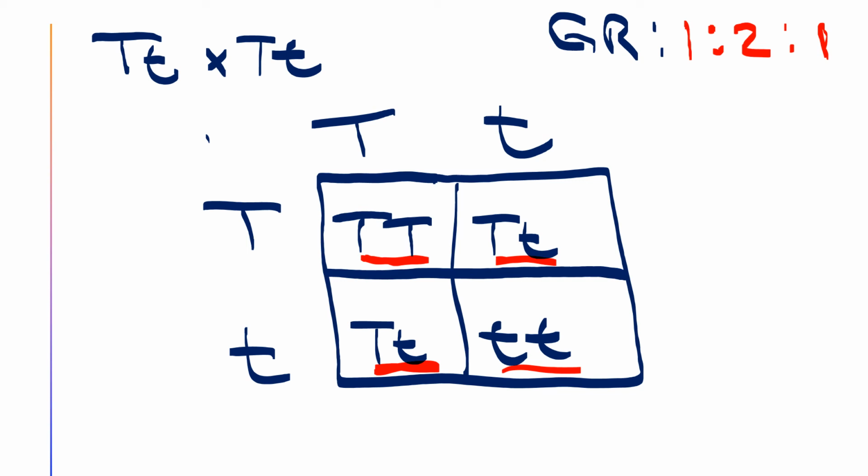Now we can look at the PR, the phenotypic ratio, which is basically, let's just use the example tall and short. What are the chances that I'm going to have a tall kid?